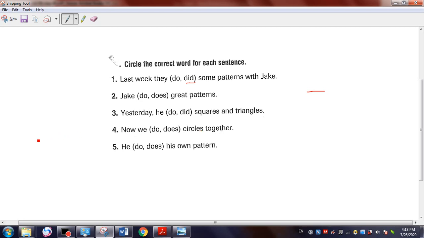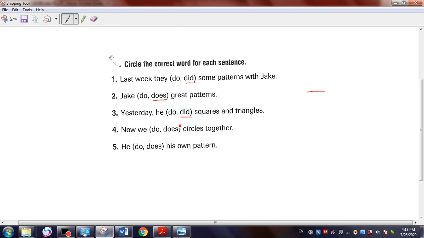Number 2, Jake do or does grade patterns. Jake is one person, so Jake does. Very good. Number 3, yesterday. Yesterday tells about the past. So yesterday he do or yesterday he did. Yesterday he did.